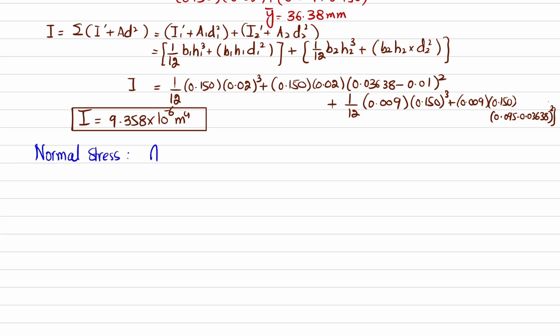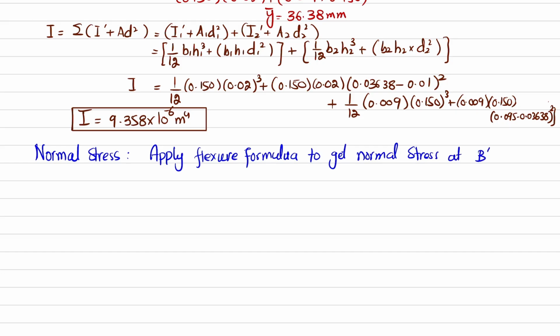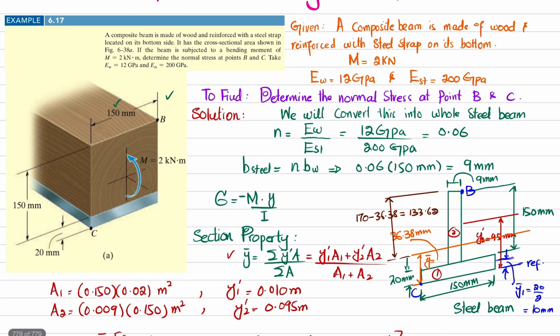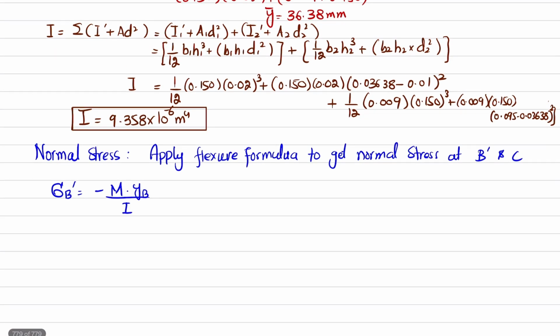Apply the flexural formula to get the normal stress at B dash or B and C. For B, we can find sigma B dash equal to minus moment into YB divided by I. The point taken on this, let's say this is B dash, so B dash will be this one.